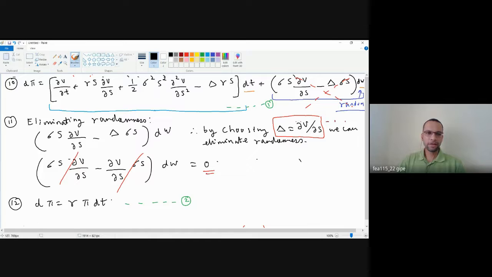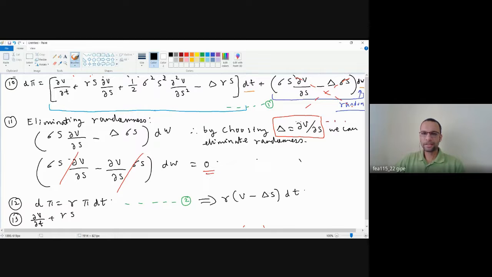So equating 10 and 12, I have this large dt term, and maybe I can just change this a bit. So can I write this equation 2 as r into v minus delta s into dt?